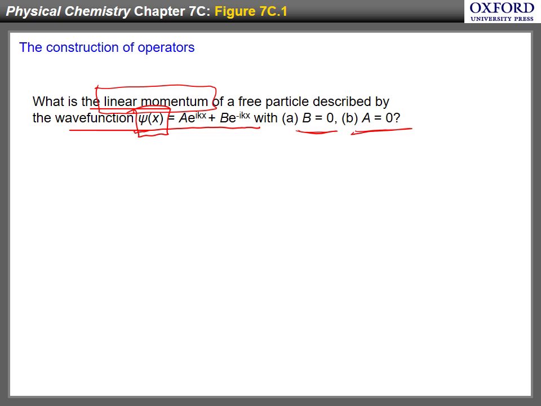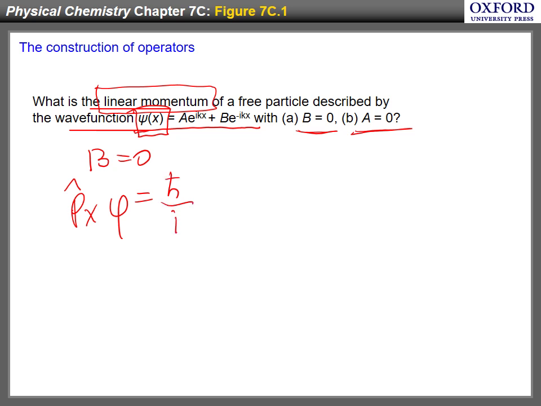Okay, so let's look at the scenario in which b is 0. What happens here? Our substitutions look like this, right? And it's fairly straightforward.